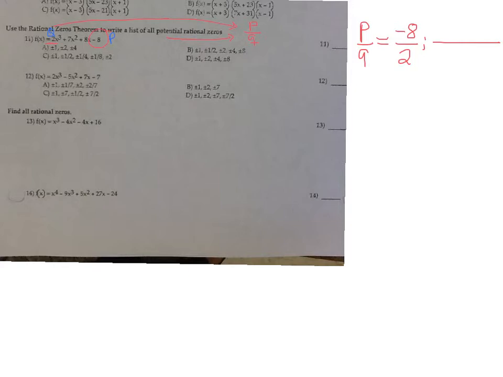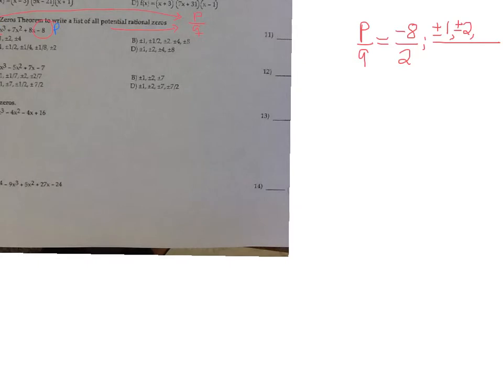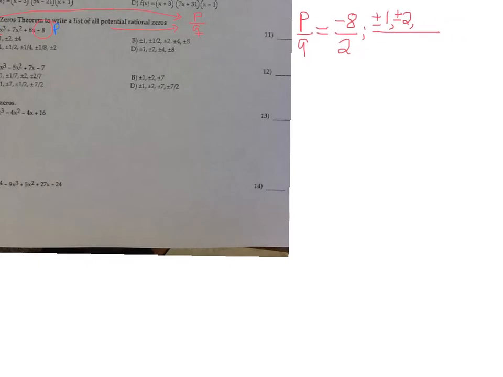The factors of 8 would be plus minus 1, plus minus 2, plus minus 4 and plus minus 8. Am I missing any factors of 8? I think those are it, right? And now for 2, the factors of 2 would be plus minus 1 and plus minus 2.